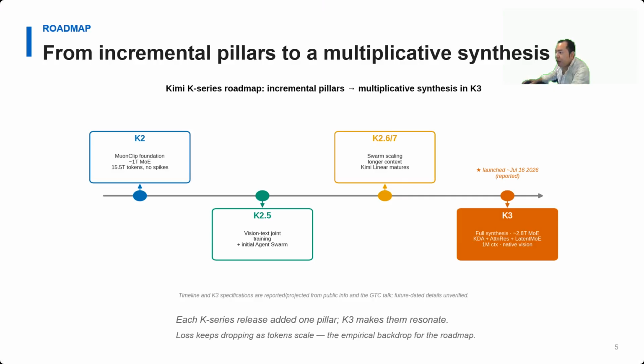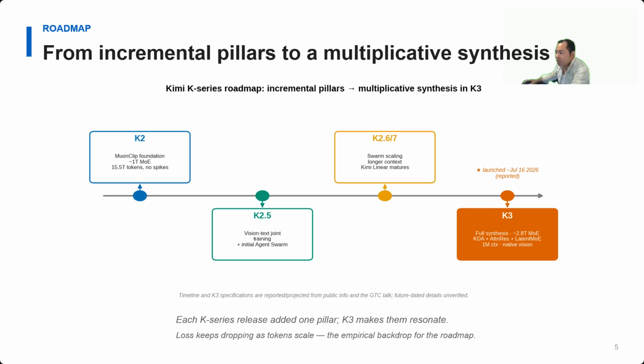And Kimi K2.5 added vision-text joint training and the first version of the agent swarms. And the Kimi K2.6 and 2.7 generation scaled the swarm, pushed context longer and matured Kimi linear attention.